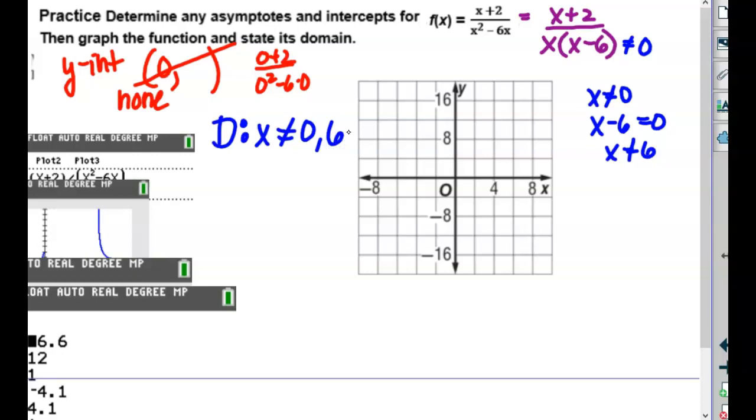You always do the domain before you cancel any factors. If there is a factor that cancels, that means there's a hole. And then it's not a vertical asymptote if it's a hole. But this one doesn't have any factors that cancel. So therefore, there are vertical asymptotes at the two places that make it zero. Is that the next thing on the list?